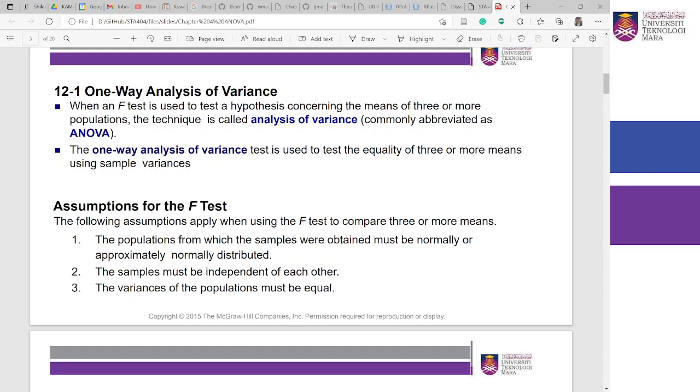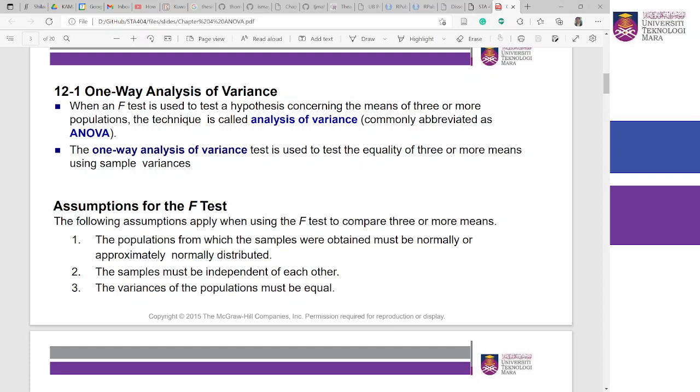Okay, in this situation, to run one-way analysis of variance, these 3 assumptions must be met in order for the result to be valid. Otherwise, you still have the result, but the result is not valid. Okay, contohnya kalau you gunakan SPSS, of course, without checking on the assumptions, you still can get the output.